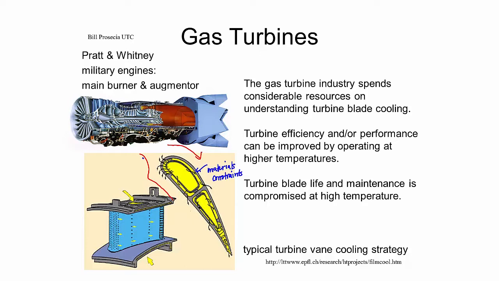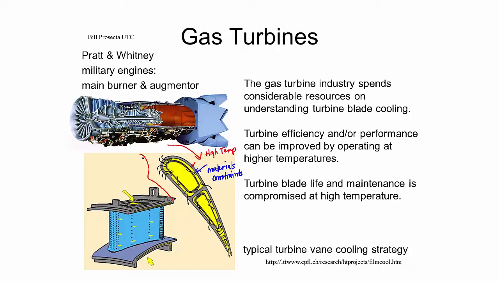There's a combustion process that occurs where energy is added to the working fluid, and this working fluid again turns these turbine blades. So you have this high temperature flow over these turbine vanes, and we don't want this high temperature flow to necessarily heat up the turbine blades. That's not what we're trying to accomplish.